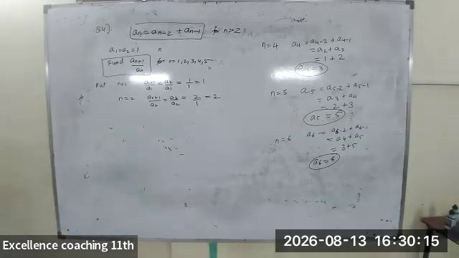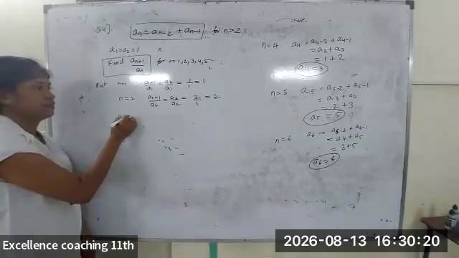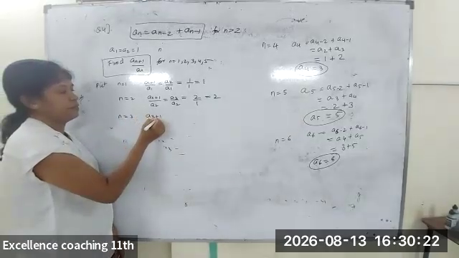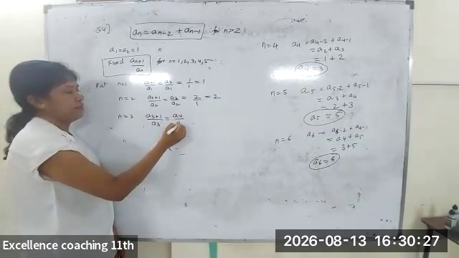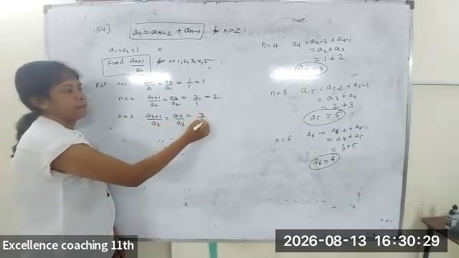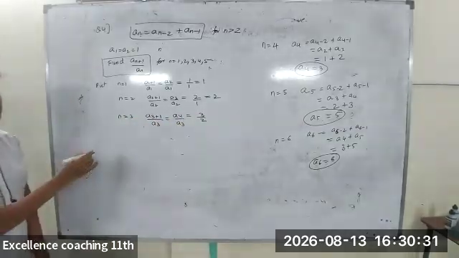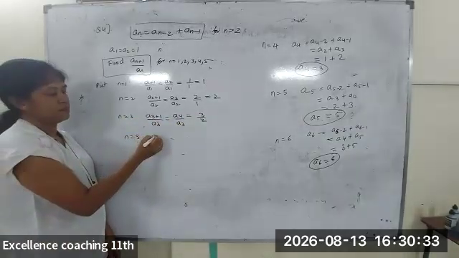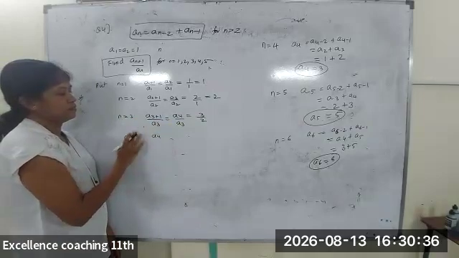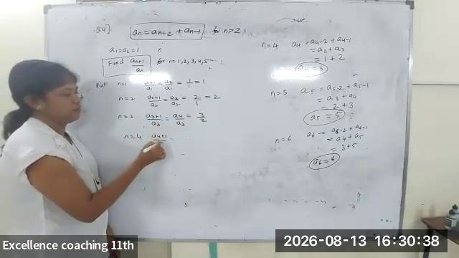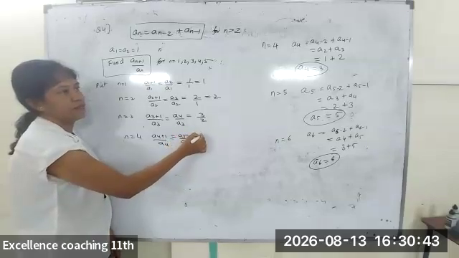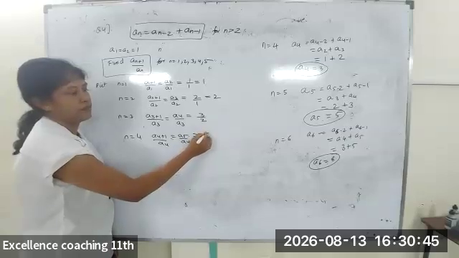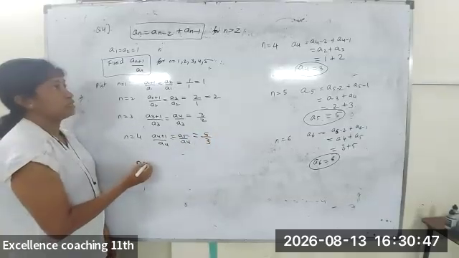Till n equals 5, we have to calculate. And last, n is equal to 5.